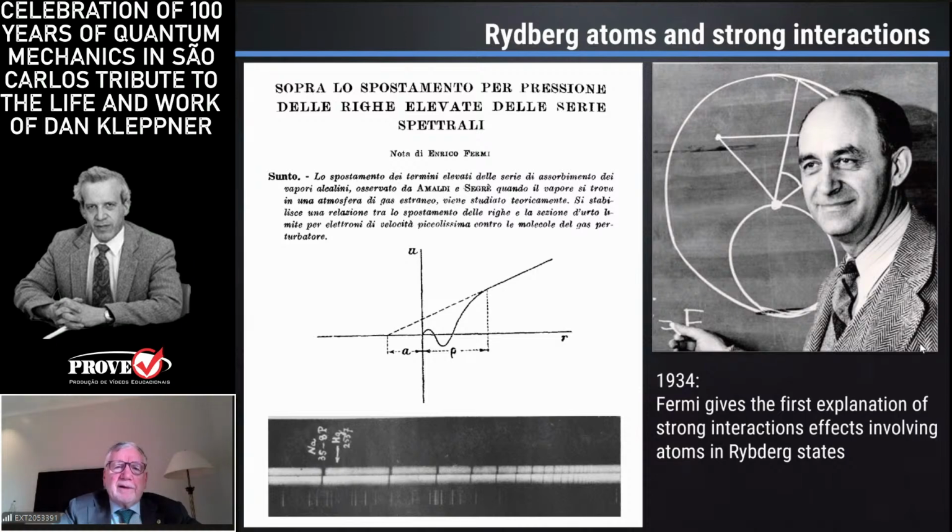It is the same paper where Fermi developed the theory of the scattering length, which is of fundamental importance, for instance, for the BEC. And tomorrow, if you listen to the lecture of Dan, I'm sure that he will discuss this.